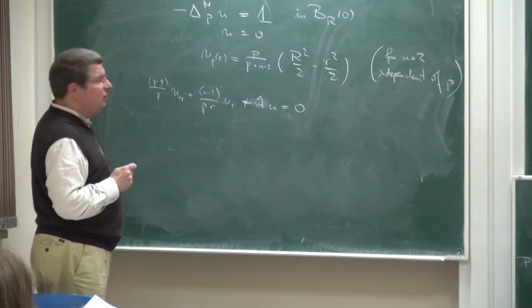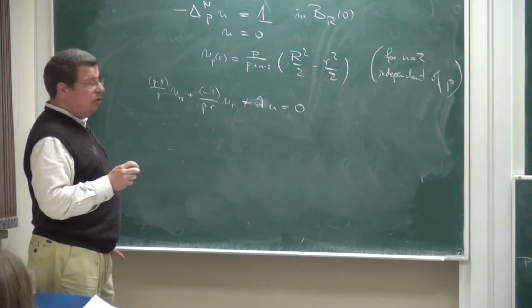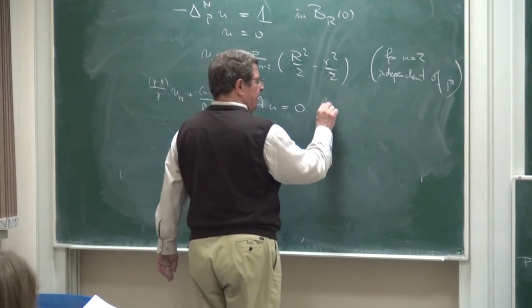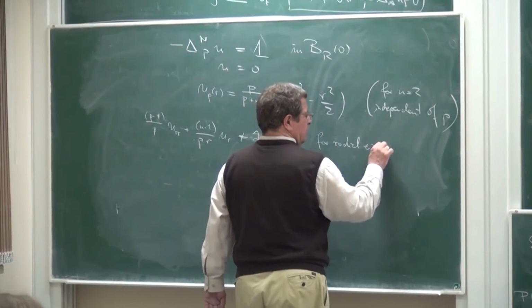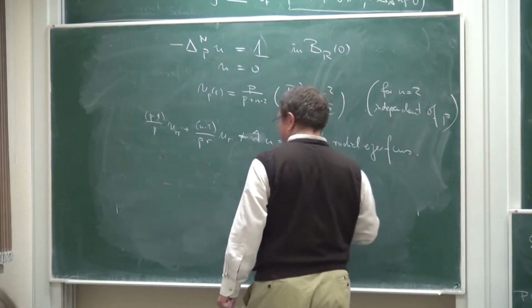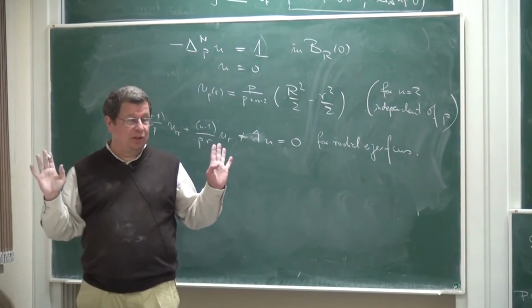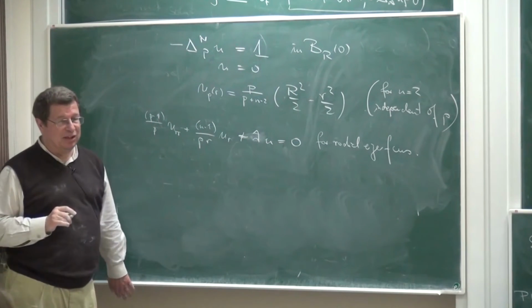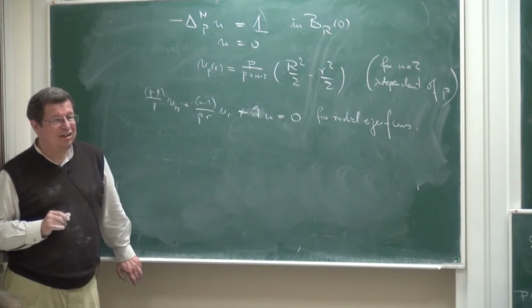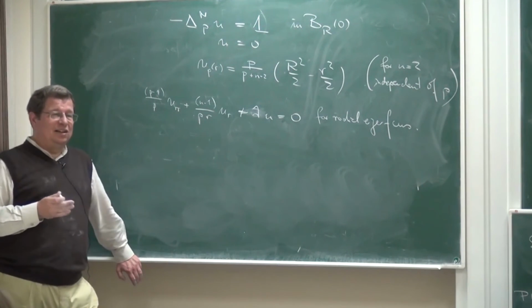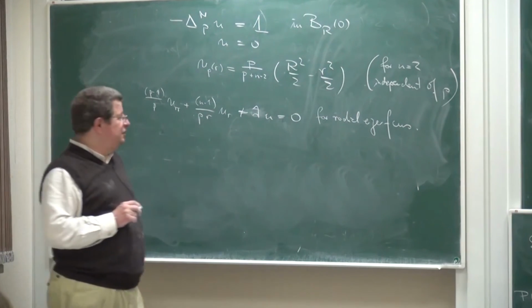It's for radial eigenfunctions. But surely all eigenfunctions? No. We don't know if all; there may be non-radial eigenfunctions. But let's at least look for radial eigenfunctions.